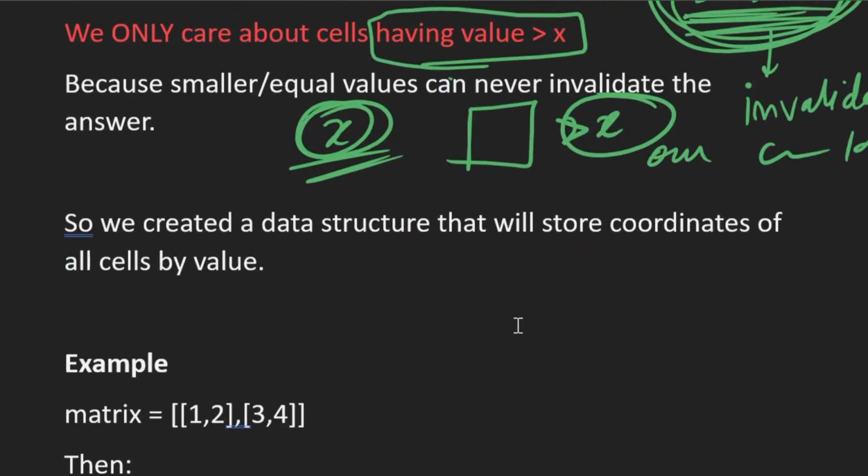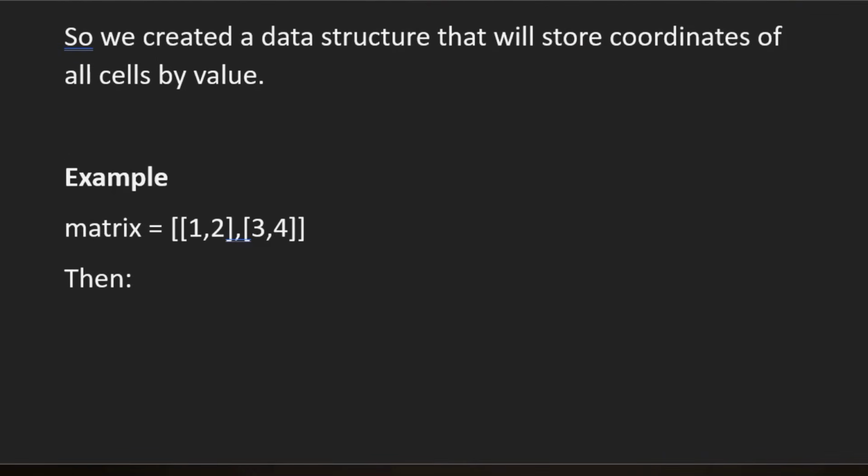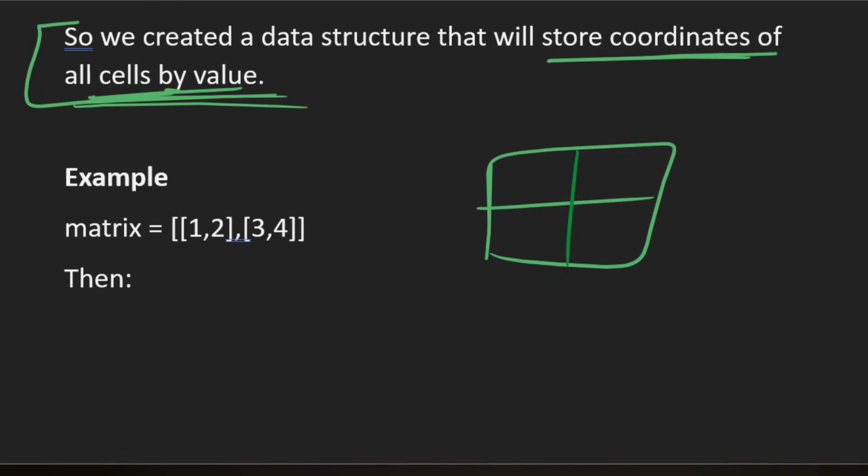So what we'll do is we'll create a data structure which will store coordinates of all the cells as per their values. So let's see an example to get this line, because this is an important line. So we have taken a matrix 1 2 3 4.